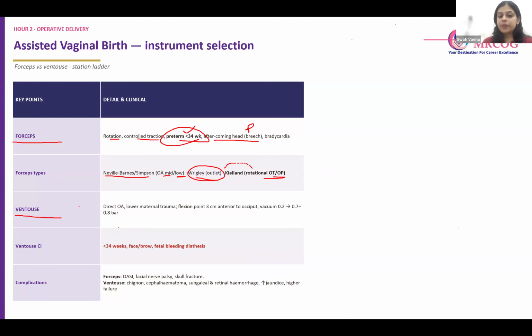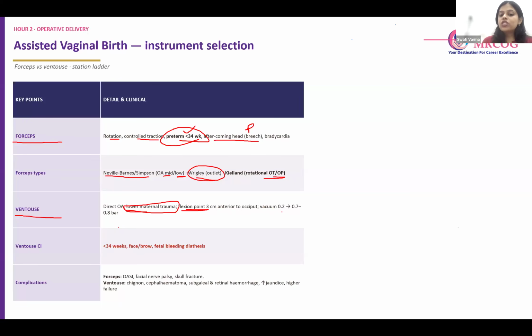Ventouse is preferable when there is direct occipito anterior. And one advantage of ventouse is that it has lower maternal trauma. Forceps poses higher maternal trauma rates, higher rates of perineal tears as compared to ventouse. There is one important point, the flexion point, with respect to application of the cup. It is 3 centimeters anterior to the occiput, so the cup should be stationed there.